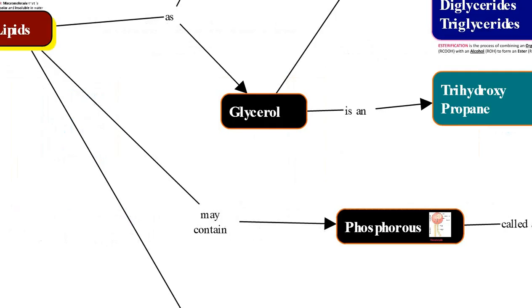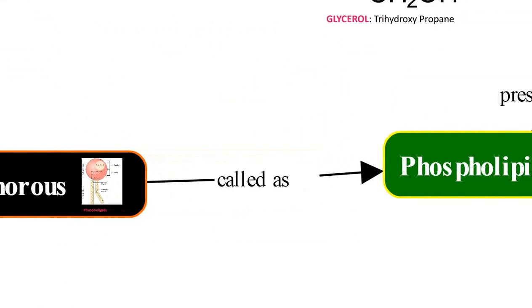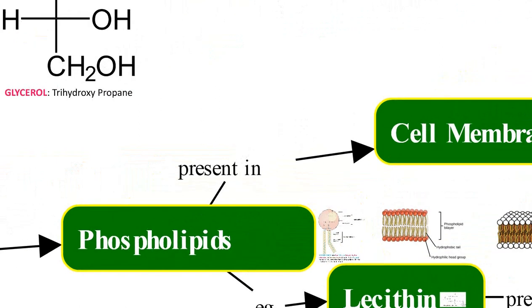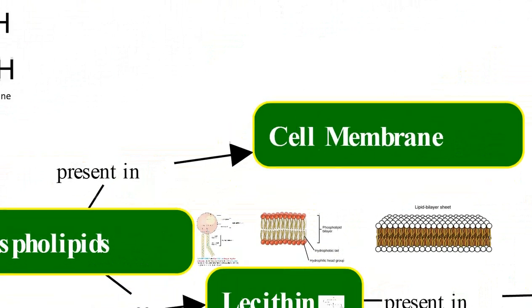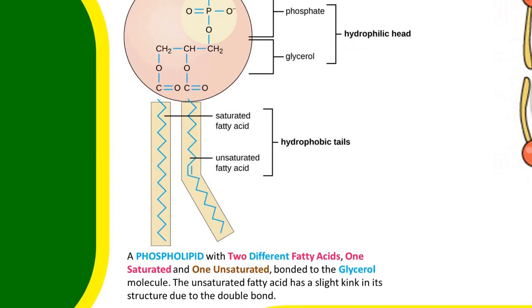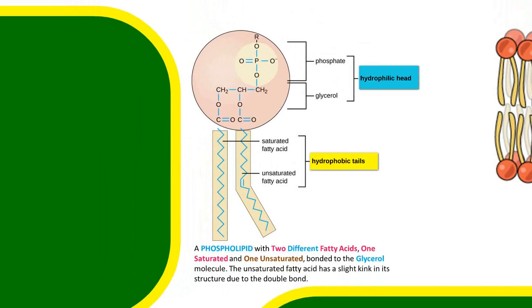And in the majority of lipids, they contain phosphorus as one of their components. If phosphorus is present, then usually such lipids are called phospholipids. Usually these phospholipids are present in the cell membrane. This is the phospholipid here, and this phospholipid usually contains a hydrophilic head region and hydrophobic tail regions.